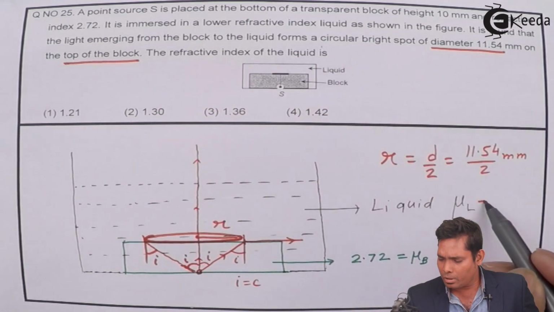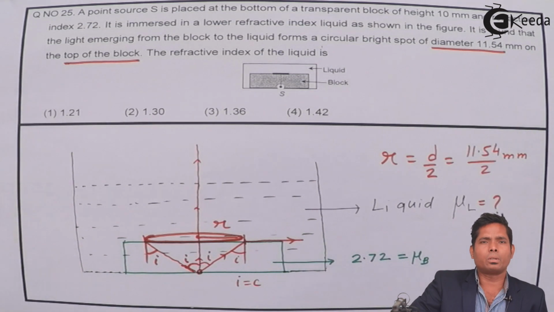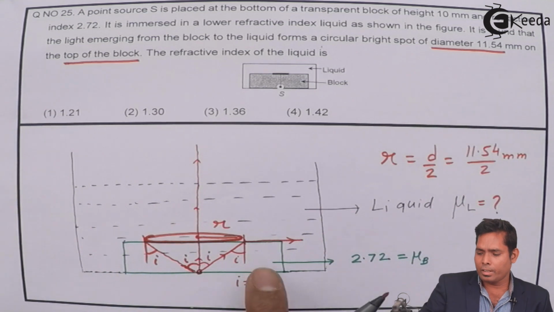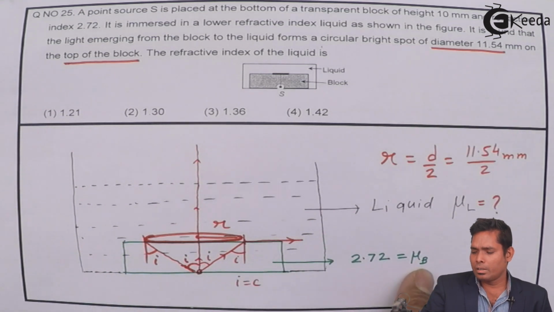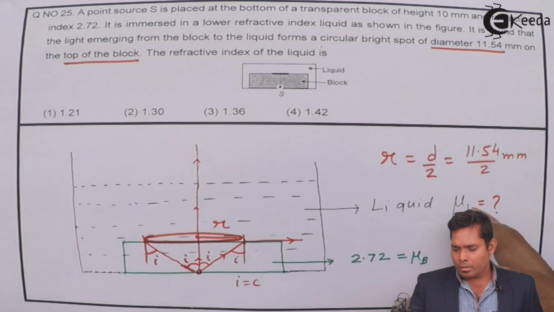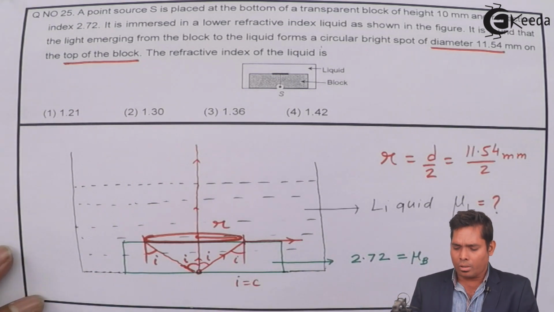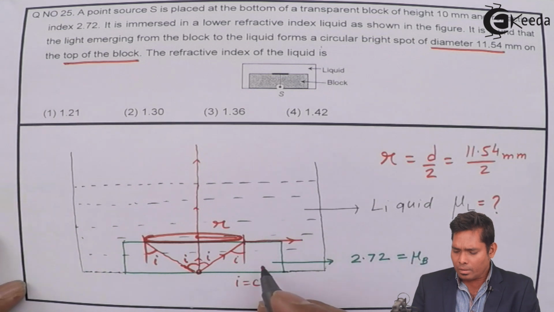That means this is the question. You have to find the refractive index of the liquid when the refractive index of this block is given as mu b. Because this is unknown, we will take mu l as well and proceed, because it's a case of critical angle.